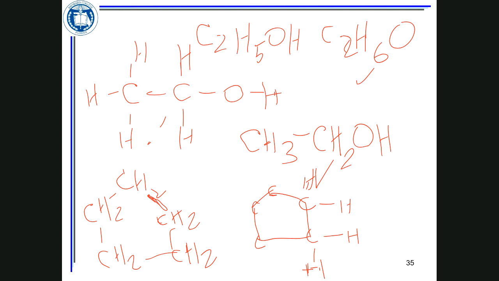So let's say we have this line angle. How many carbons do you have there? If you have a line angle here, very good. Your molecule starts with carbon, it ends with carbon, and every angle has a carbon. How many hydrogens do you have there?